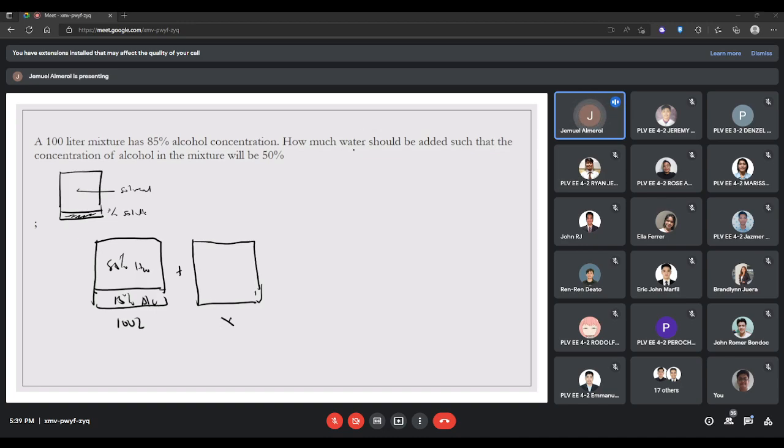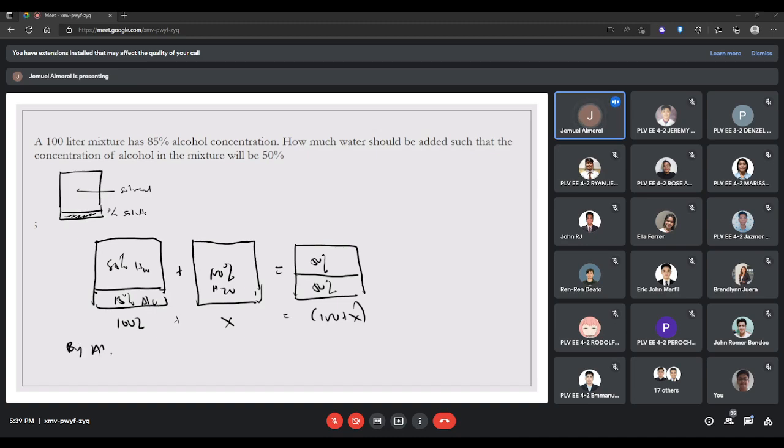Since it's water, it means pure water, 100% water. So that the concentration becomes 50-50: 50 water, 50 alcohol. And of course, if you add X here, it becomes 100 plus X. So let's solve via the solute, meaning the alcohol, by alcohol solution.